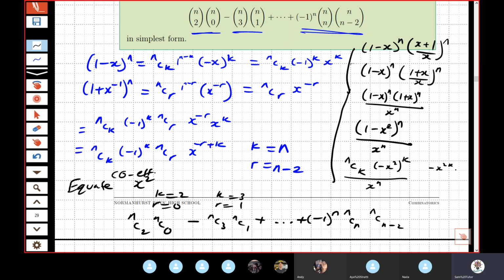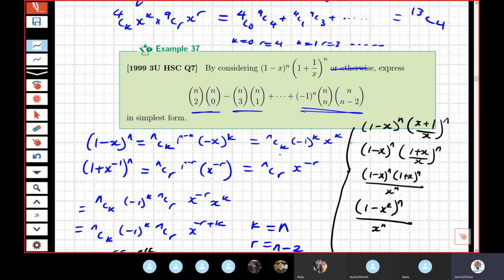Negative x squared, negative x to the 2k on x to the n. This will simplify to 2k minus n. I'm just trying to work it out in my head before. As long as this bit here is equal to 2. Whoa. Something's going wrong somewhere. Alright, let me think.